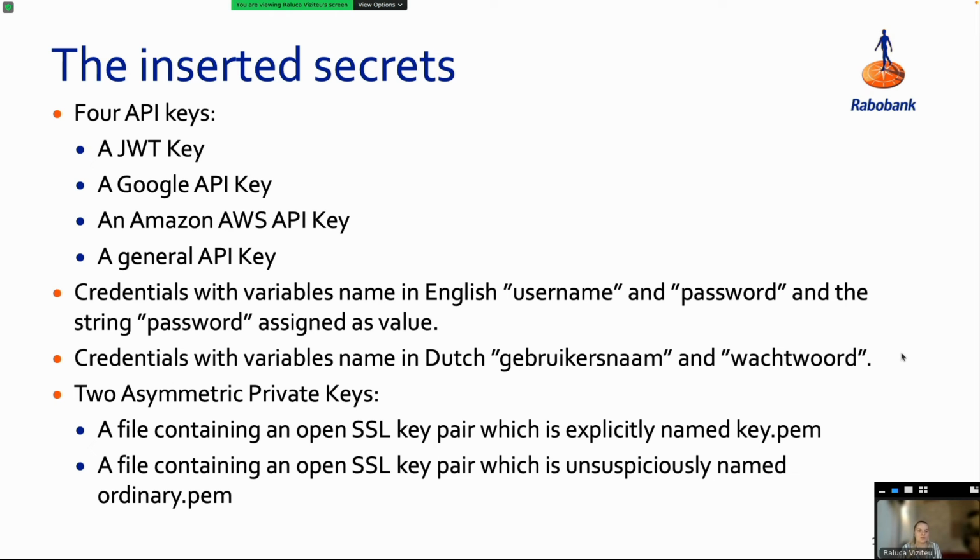Then credentials with variable names in English, username and password, and the string password assigned as value. Credentials with variable names in Dutch. And the 2 asymmetric private keys: a file containing an OpenSSL key pair, which is explicitly named key.pem, and a file containing an OpenSSL key pair, which is unsuspiciously named ordinary.pem.